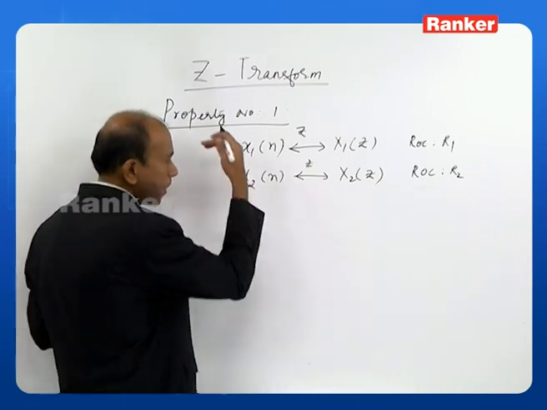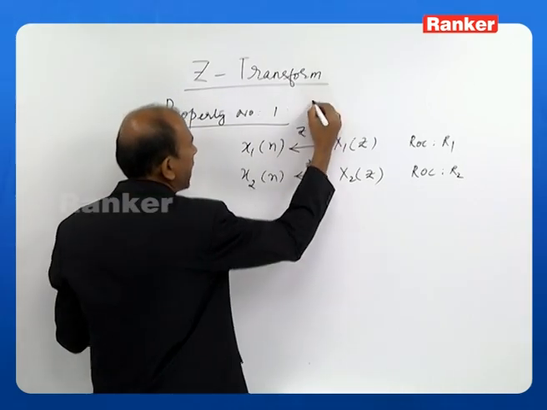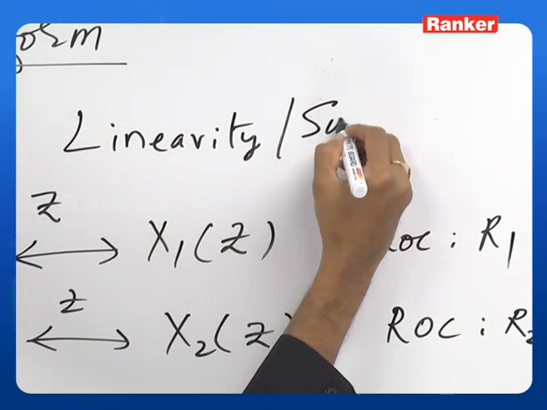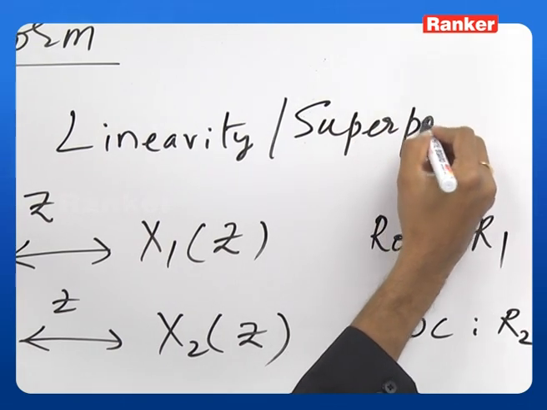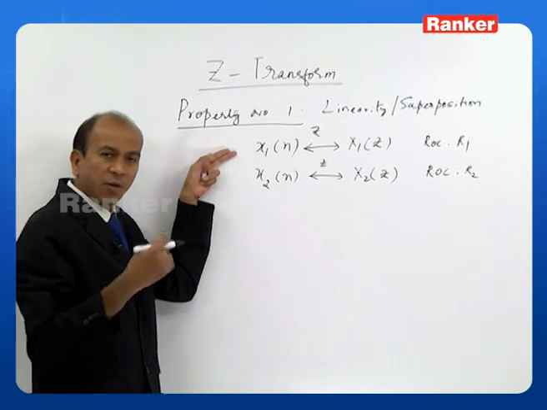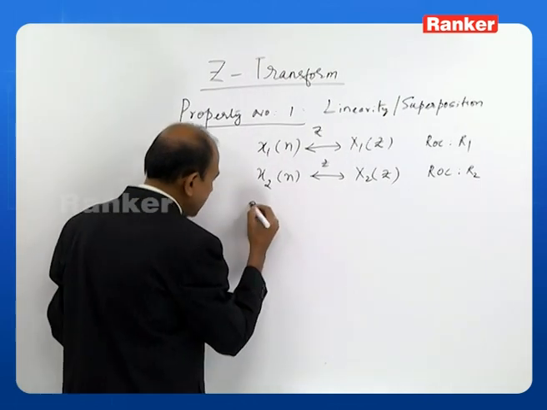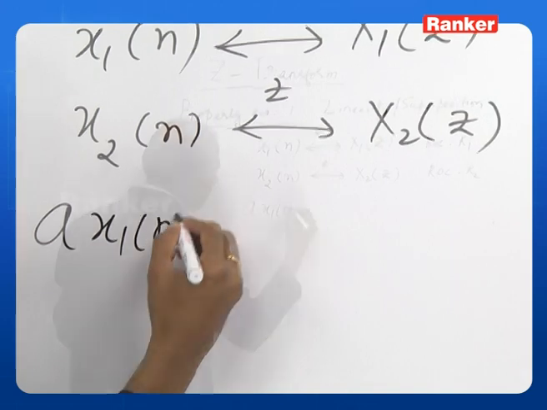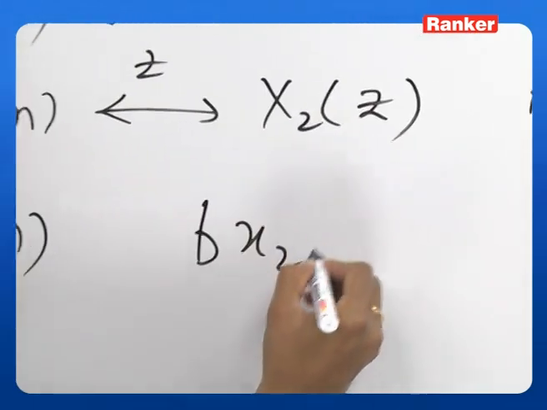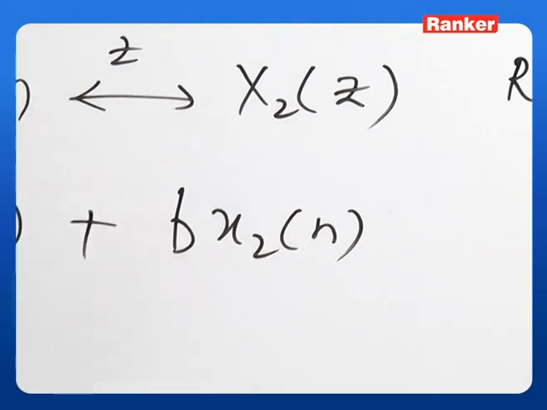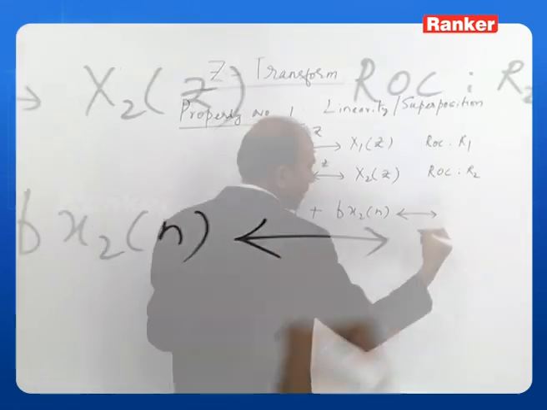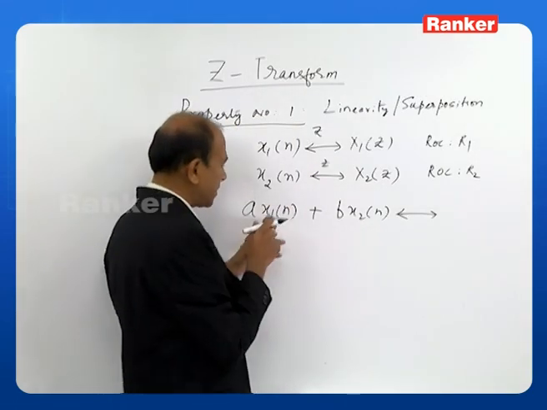Now, according to this property which is called linearity or superposition property, if this x1 of n is scaled by a factor a, that is a x1 of n, and x2 is scaled by a factor b, then if I add these two, they will have a z transform equal to, what is the z transform of this?